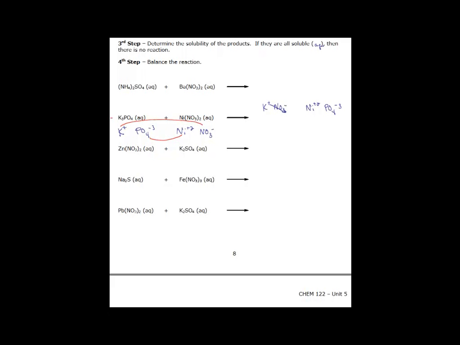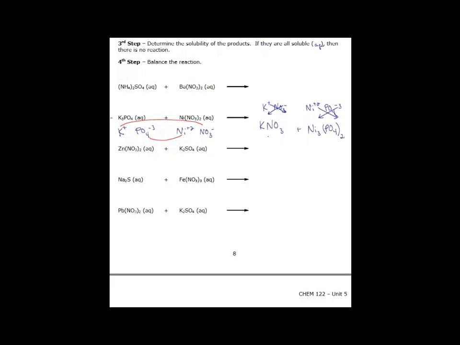Okay, so 1-to-1, so that formula would be KNO3, and then this one would be Ni3(PO4)2. Okay, so we've gotten the formulas of the products.